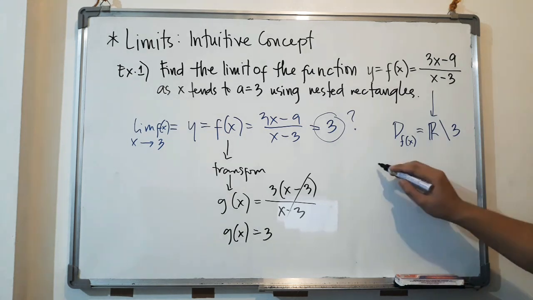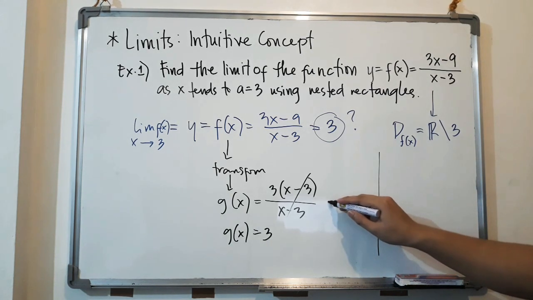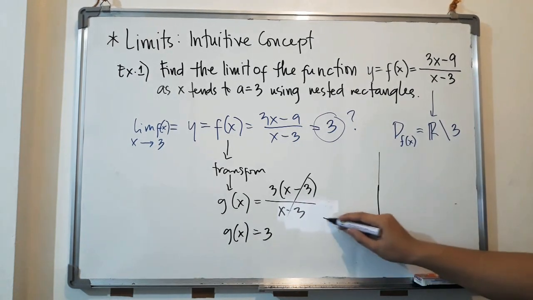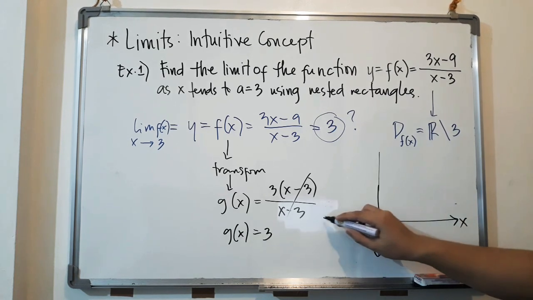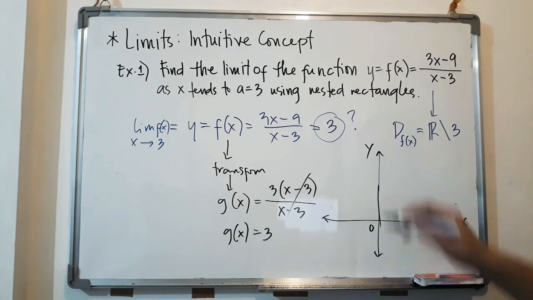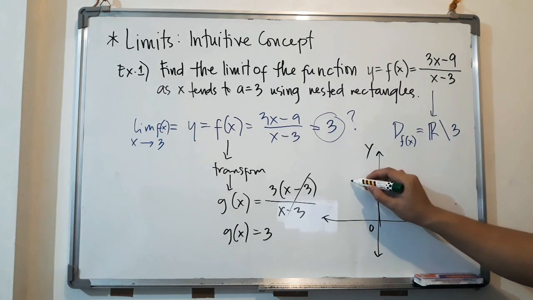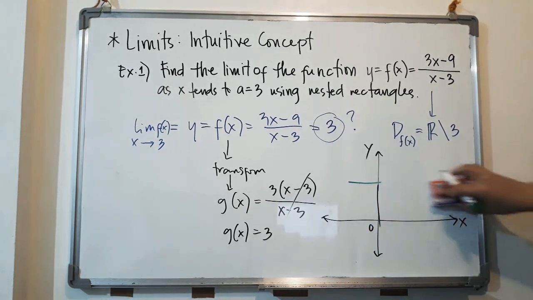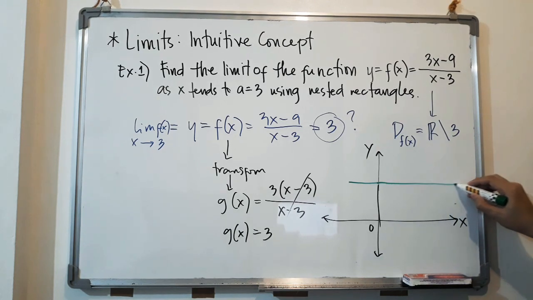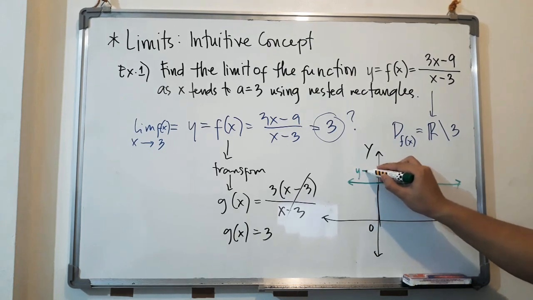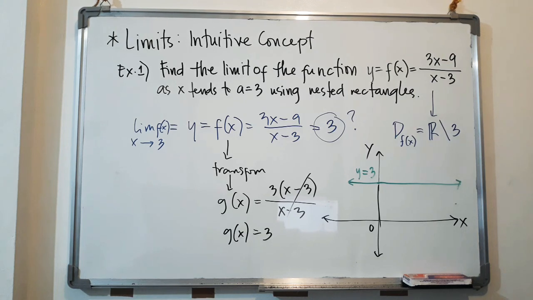So if we sketch the graph, the graph of f of x is a horizontal line that corresponds to y equals 3.